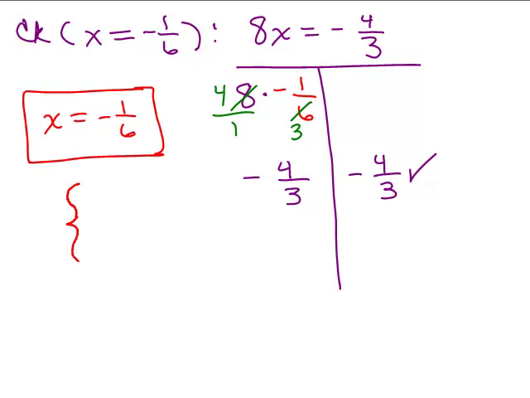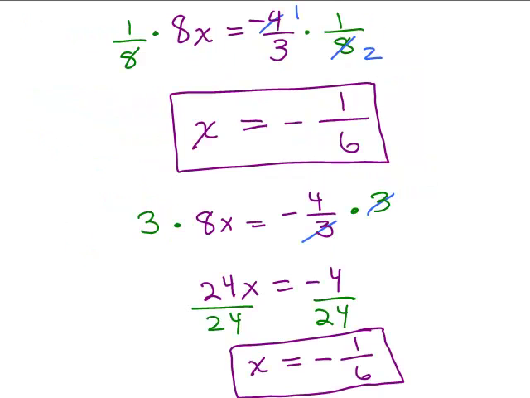And if we write it using a solution set, it would look like this inside the braces. Now, going back up one more time, the difference between the two ways of solving it. Notice the first way of doing it, when I multiply by 1/8, I did that so I didn't have that kind of complicated looking fraction. Remember, if we put negative 4/3 divided by 8, it looks like a complicated fraction.